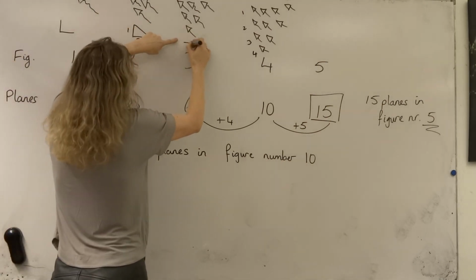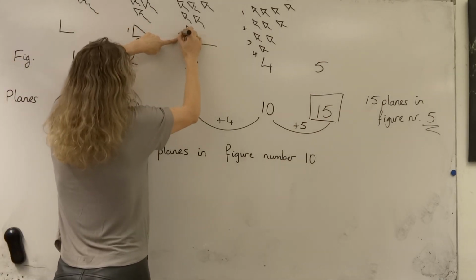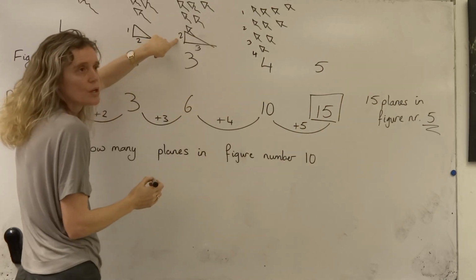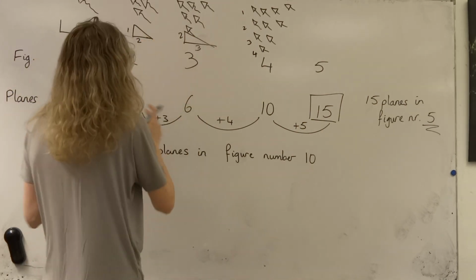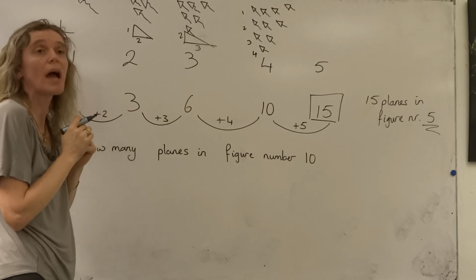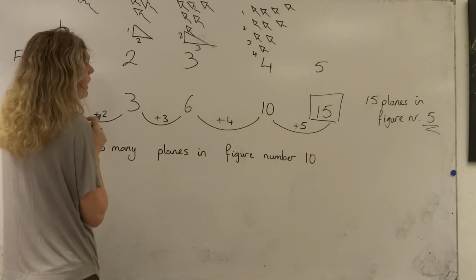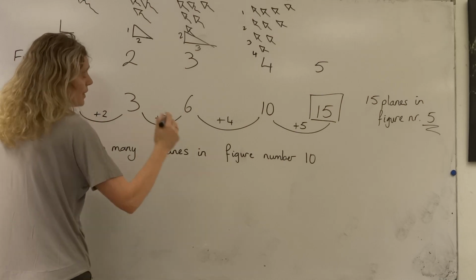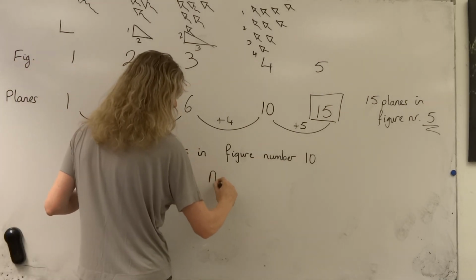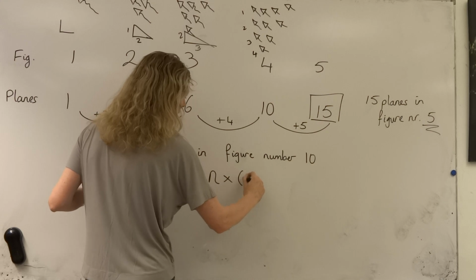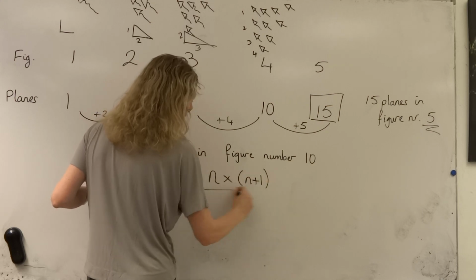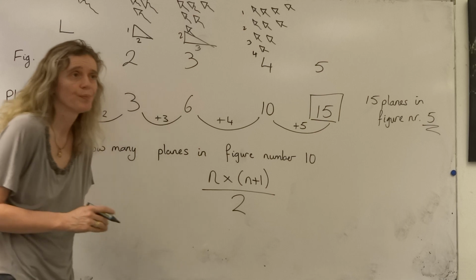This is like a triangle as well, 3 long and 2 high. These series of numbers are called triangular numbers. And we can write them as the formula n times (n plus 1) divided by 2.